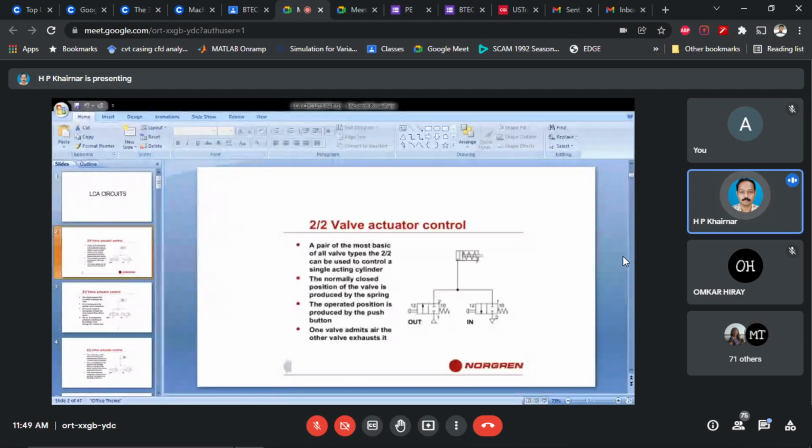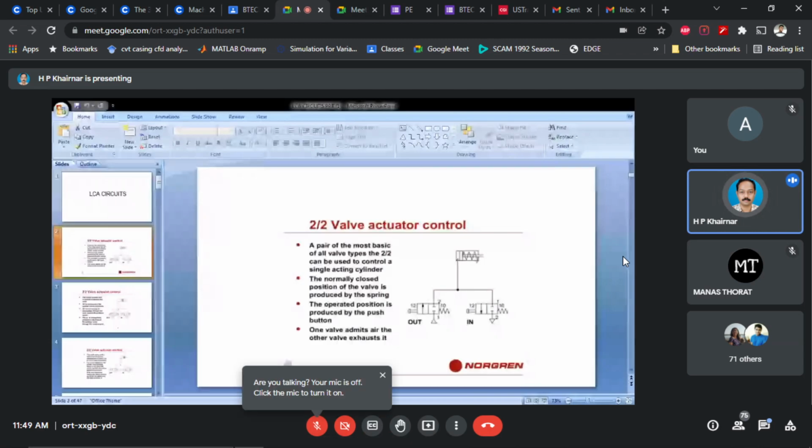Now, in this process, outstroke occurs means what? From the other end, exhaust also occurs because the trapped air gets exhausted, or in simple terms we can call it vented out to the atmosphere. In that case, the square of the in valve, in which a reverse arrow is indicated, that arrow is indicating the exhaust position.